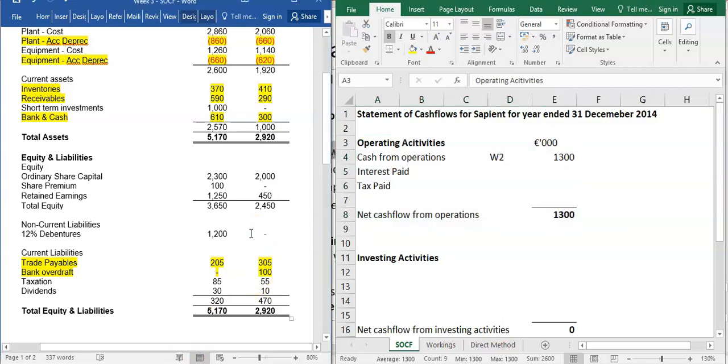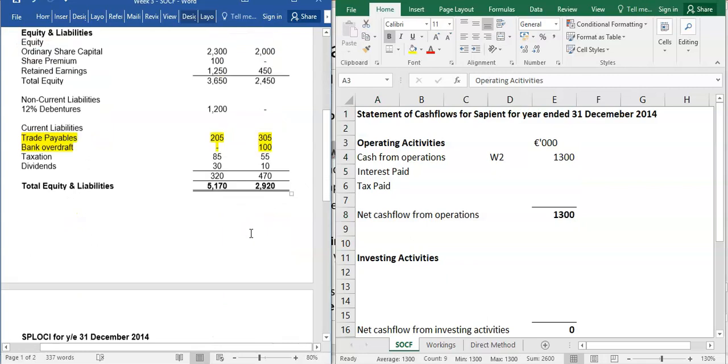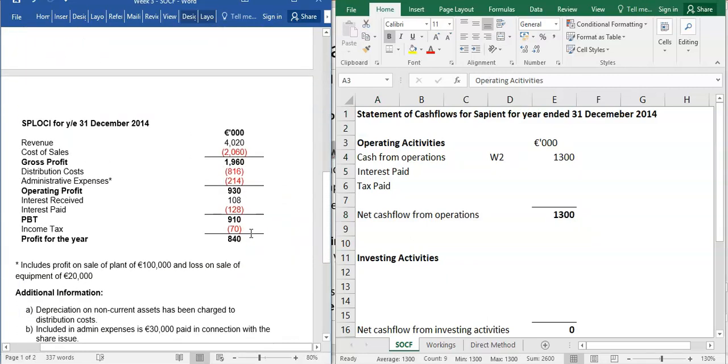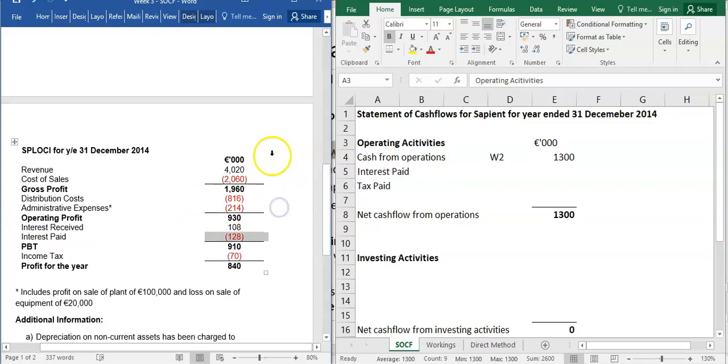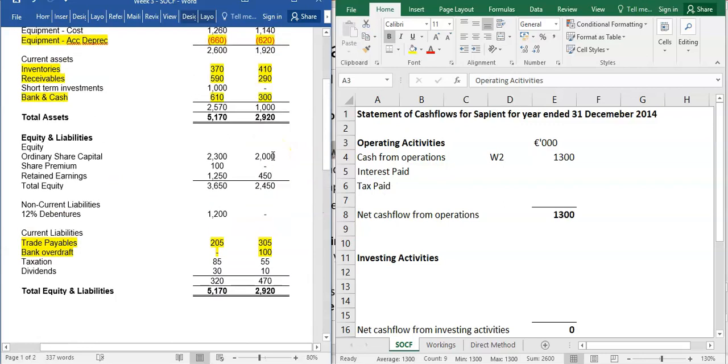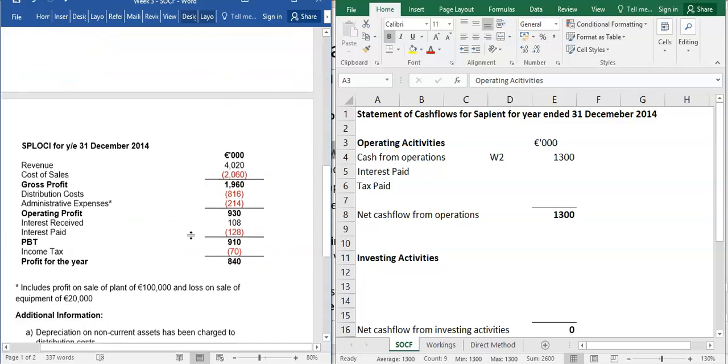So if we come back up first and let's look at interest. We want to know how much interest did we pay during the year. Well, we have an interest expense of 128,000. If we go and we look at the statement of financial position, we have no opening or closing liabilities for interest accrued. So that means whatever interest we incurred in the year, the 128,000, we must have paid.